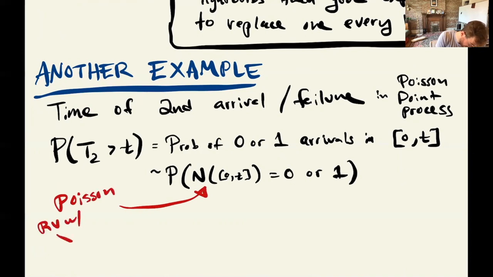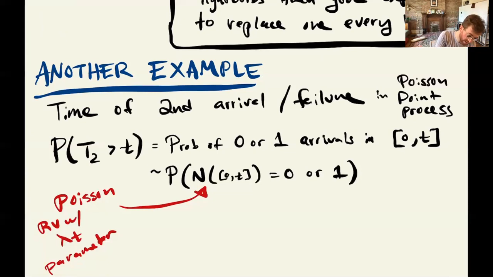With lambda t as our parameter, instead of just ordinary lambda, because we've got time involved, we need to take the formula for the Poisson distribution, and whenever we saw lambda, substitute lambda t.